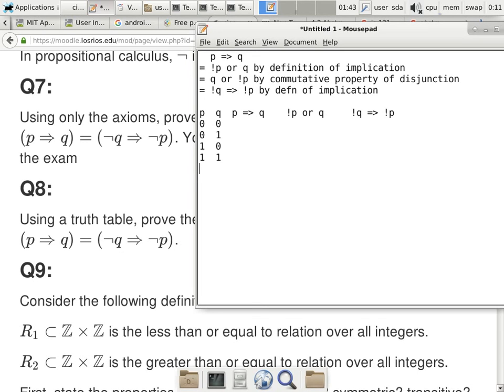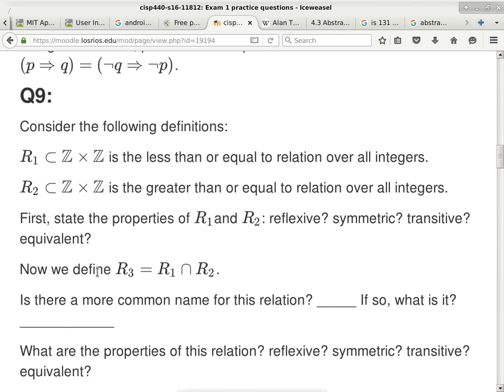All right. Any other questions about number 8? Okay, here's number 9. So number 9 is very similar to the other one that we saw earlier with some little differences. R1 is less than or equal to, R2 is greater than or equal to. So first of all, let's take a look at R1 and R2.